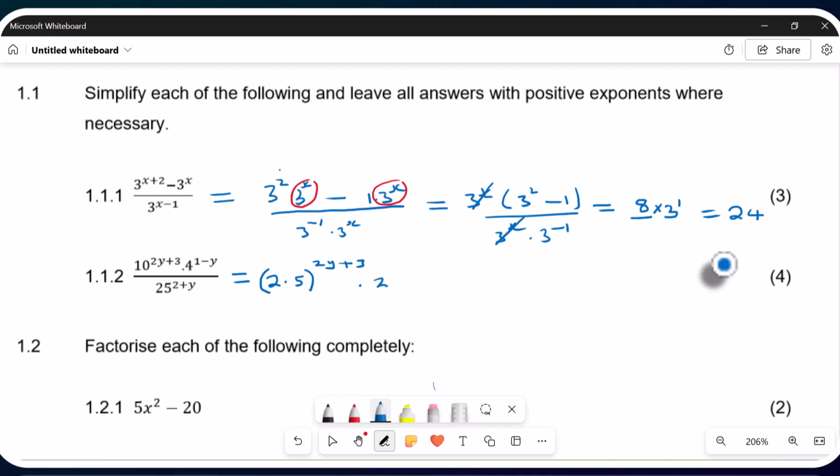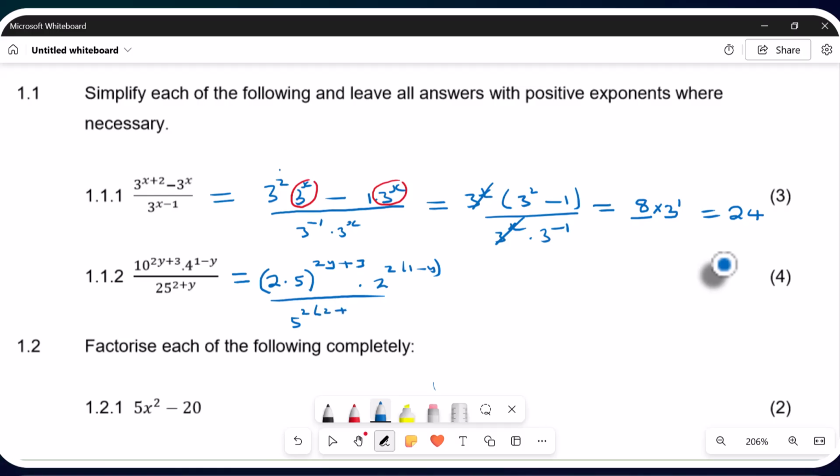Okay, so now in exponents, when we have numbers in brackets multiplying with the same exponent, we multiply the power by the same exponent. Like in here, I'm going to say 2 power 1 times 2y plus 3.